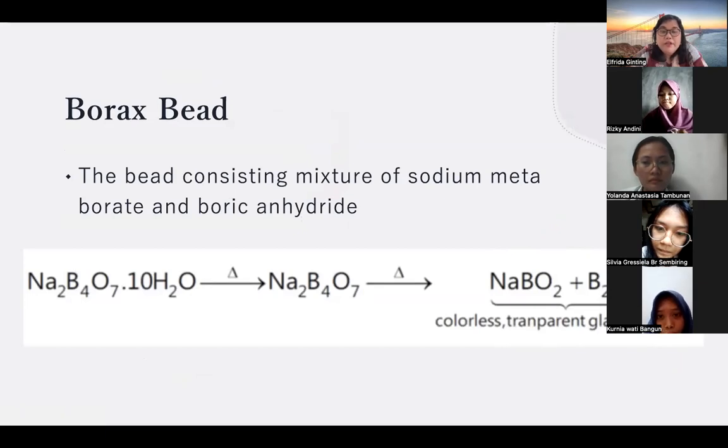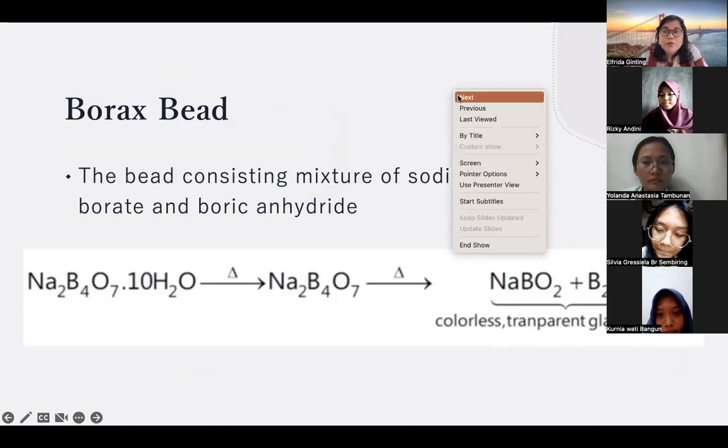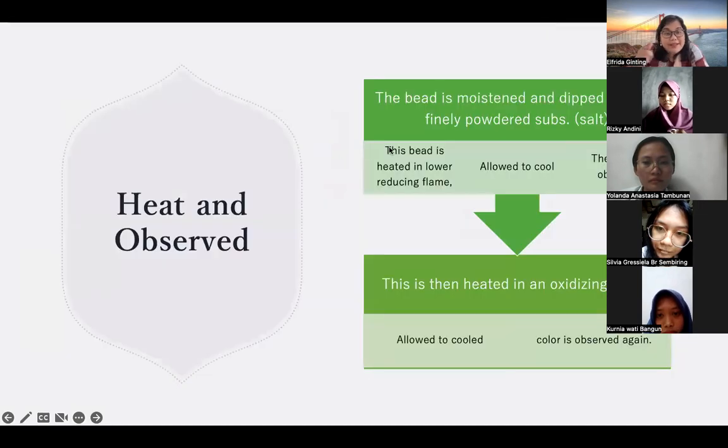After you dip it, you heat it again, so you can test it in either the reducing flame or the oxidizing flame. Then the salt that you analyze will produce color.